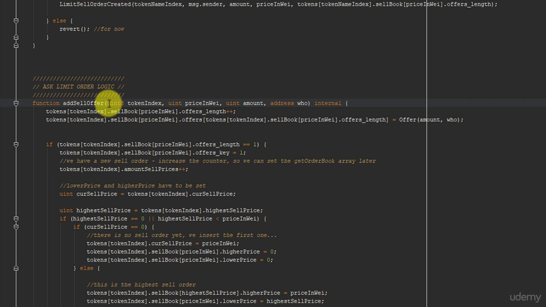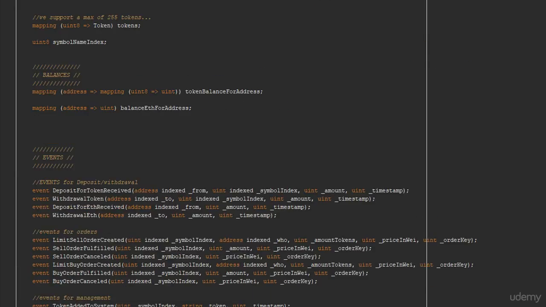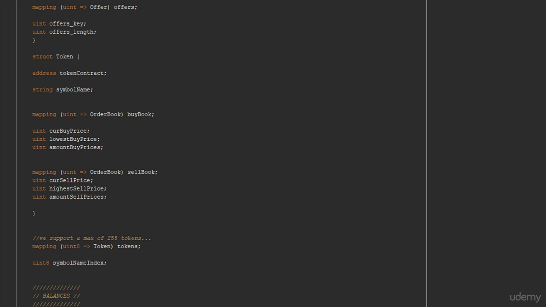This function is also very similar to the add buy offer. It has the same arguments. It will increase the sell books for this price, the offer's length, and it will add a new offer to this offers mapping. Let's have a look at the top first at how this offers mapping looked, just so we are all on the same page. We have our token struct, which is here.